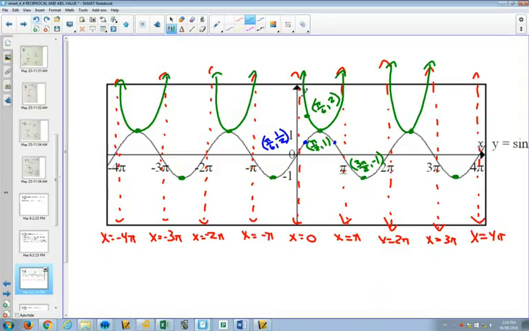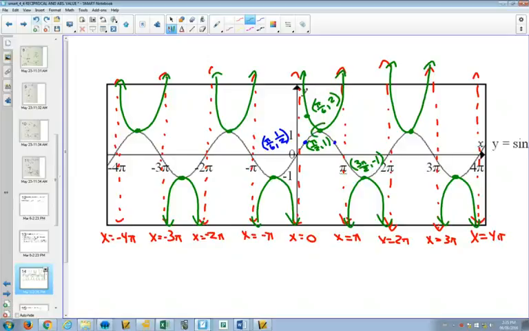What's going to happen on the bottom halves? Same idea. One of the things we talked about the other day is that in a section, whatever is the minimum of your original graph becomes a maximum of your reciprocal graph, or whatever is a maximum of your original graph becomes a minimum of your reciprocal graph.